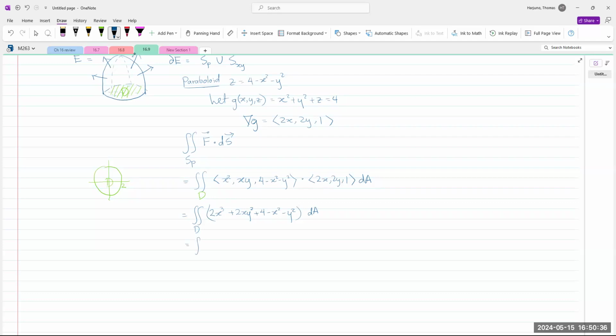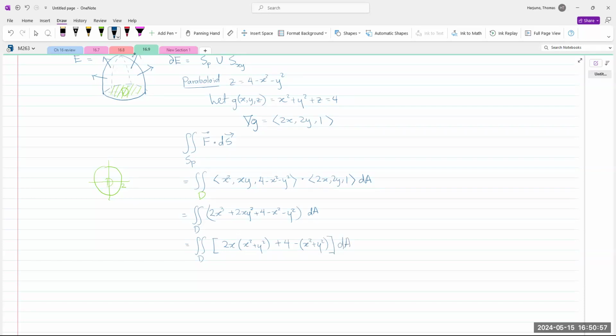Okay, this is the double integral over D of, let me pull the 2x out here, so that I get x squared plus y squared, and then plus 4 minus x squared minus y squared dA. I hope you see where I'm going.